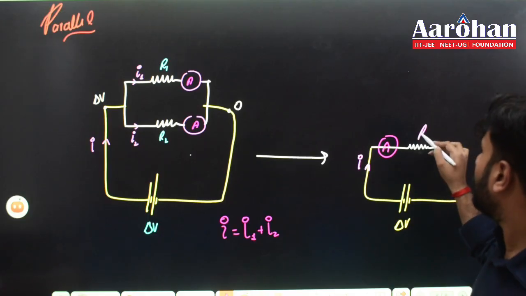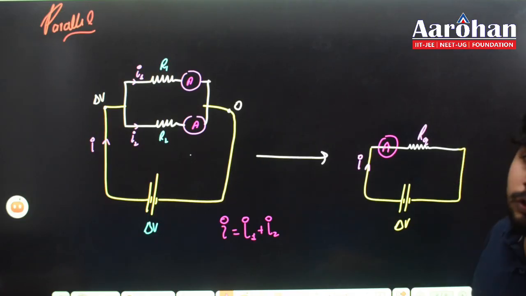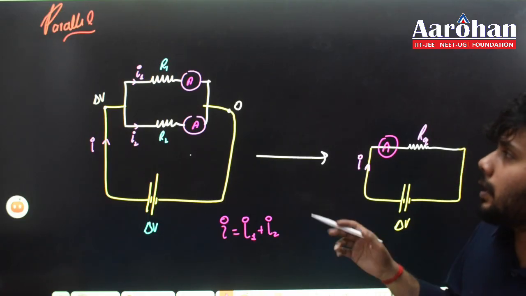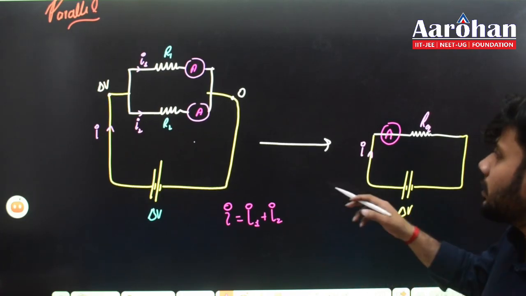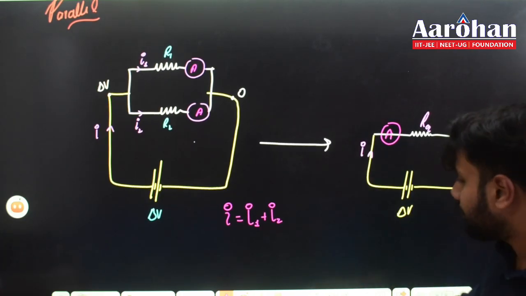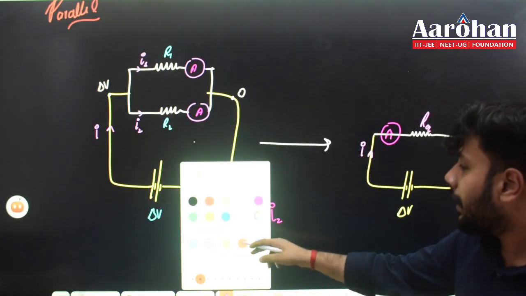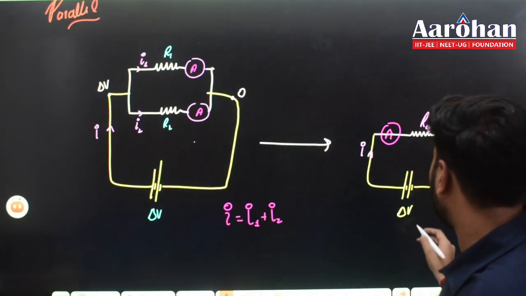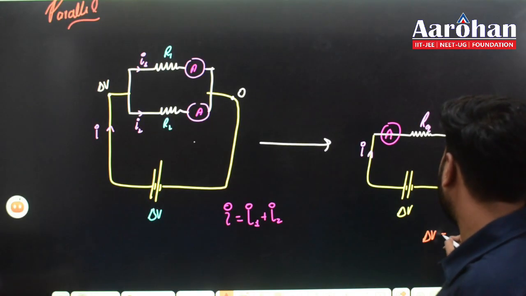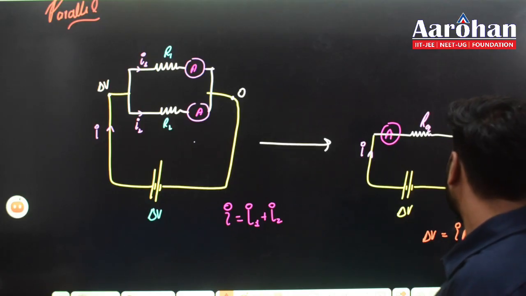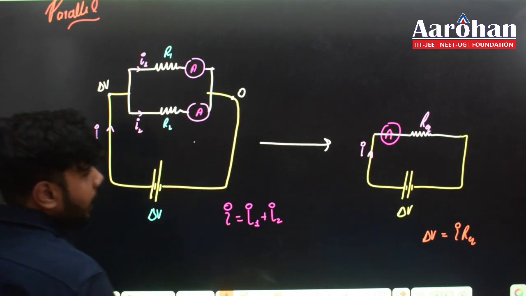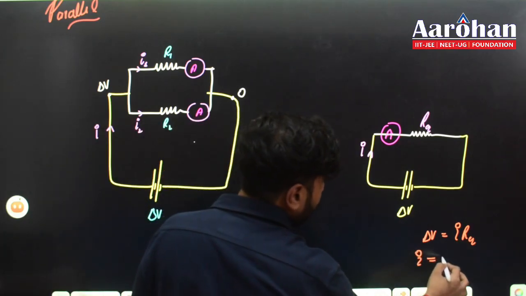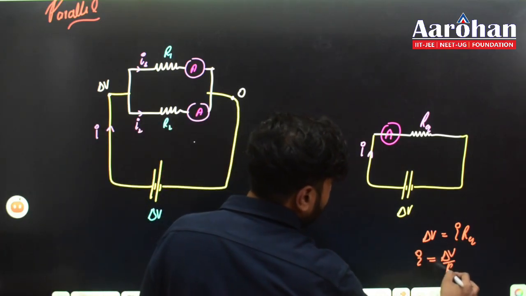That means this R equivalent is consuming the same amount of current which they consume combined. So this circuit is simplified into a simpler one. Again, delta V can be written as I times R equivalent. Got it? Here I you can write as delta V by R equivalent.